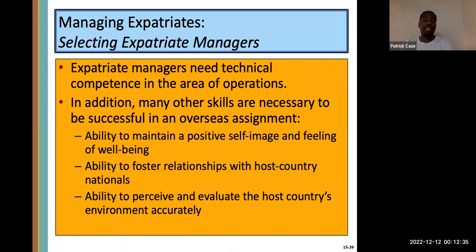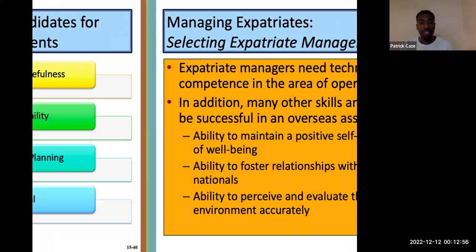So managing expats, right? Selecting expat managers. Expat managers need technical competence in the area's operation. In addition, many other skills are necessary to be successful in an overseas assignment: ability to maintain a positive self-image, ability to foster relationships with host country nationals, ability to perceive and evaluate the host country environment accurately.